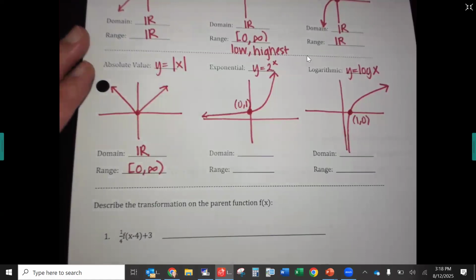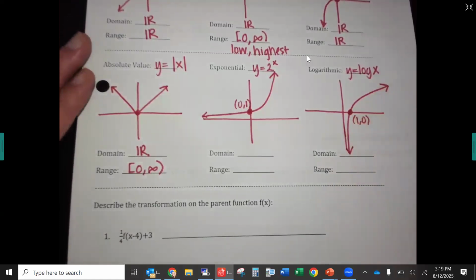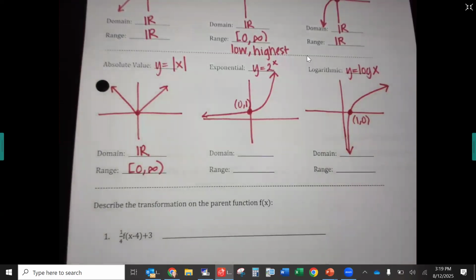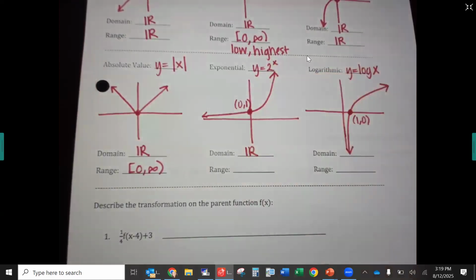Which of those 2 graphs has a domain of all real numbers? What that means is it goes all the way to the left, all the way to the right. Exponential. For the log, though, it doesn't go all the way to the left because it gets stopped at what number? It can't touch 0. So for your domain, you're going to put 0 to infinity.